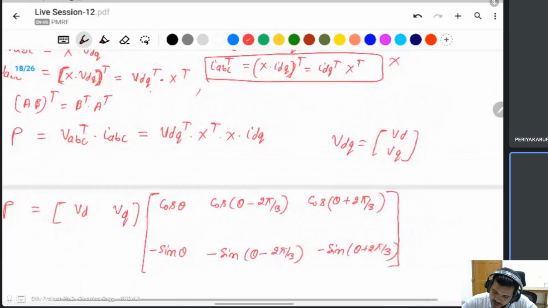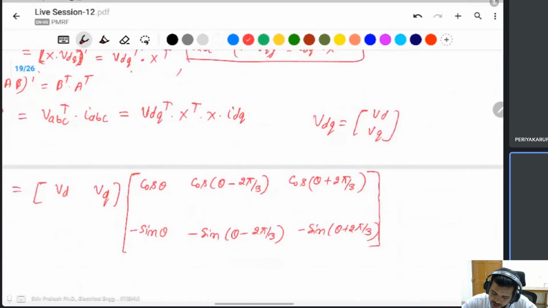This is the X transpose, and this is the X transpose into X.